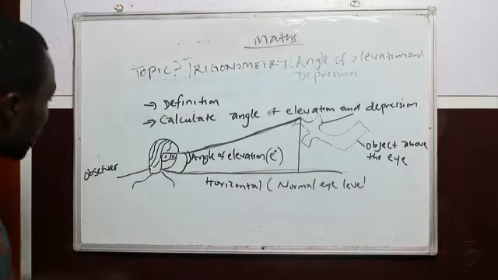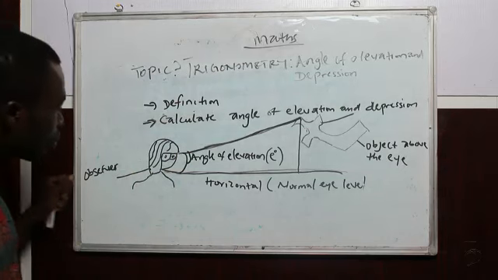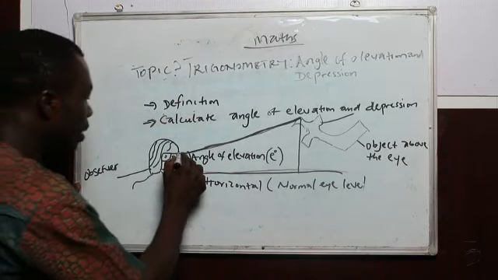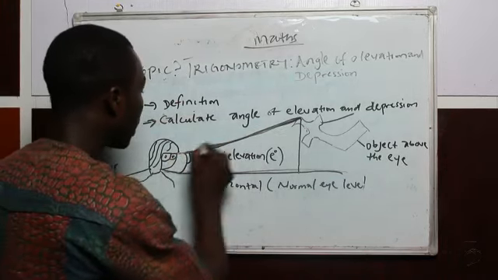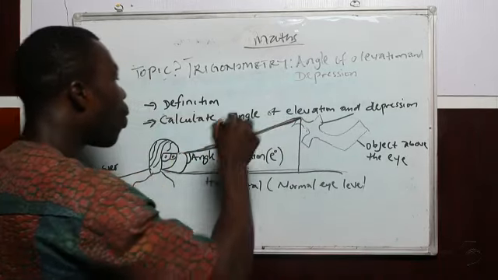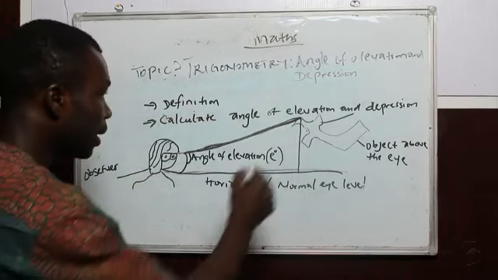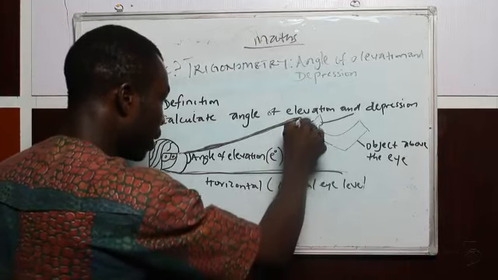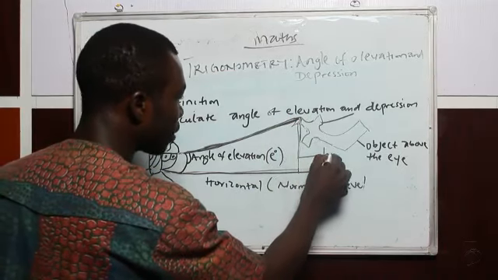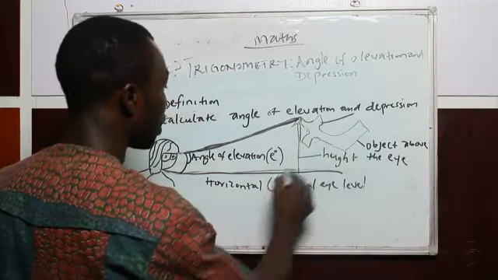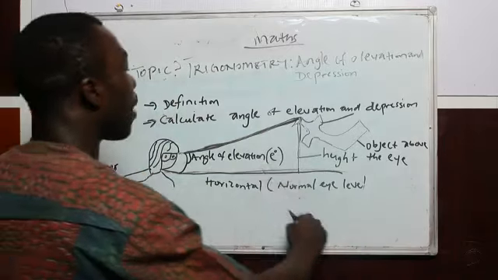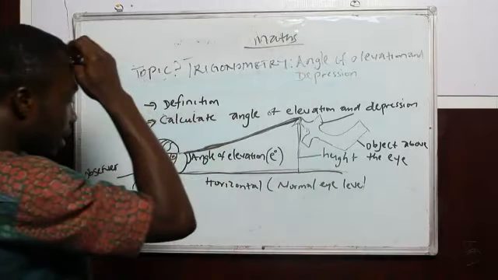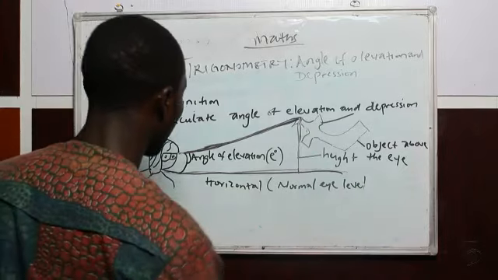Normally, look at this diagram that will show angle of elevation. This is the line above the normal height level. In this region here, this space, we have what is called the height, that is the distance above the ground level. The distance above the horizontal line is called the height.